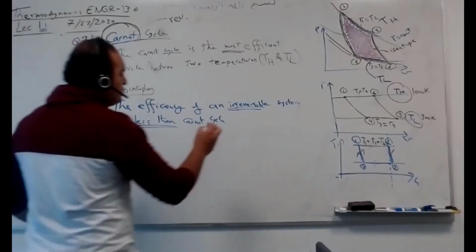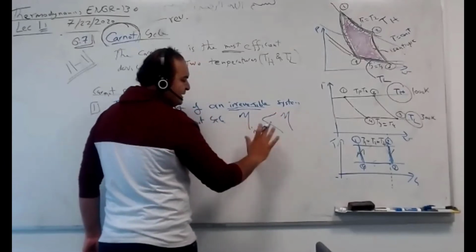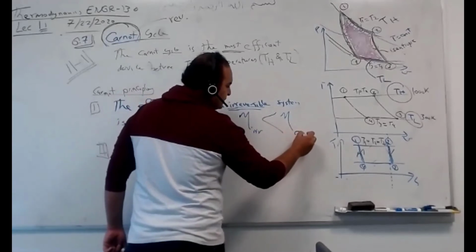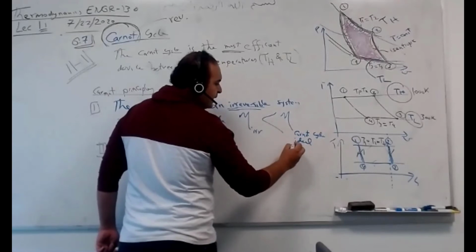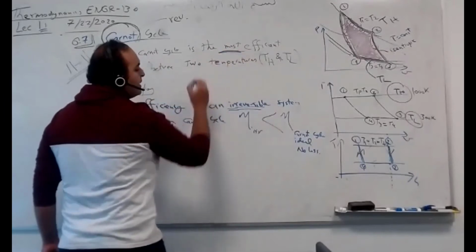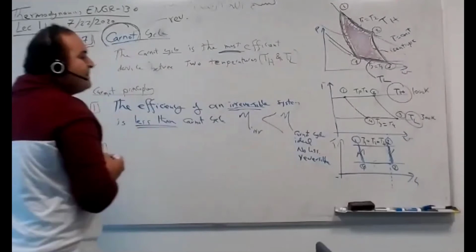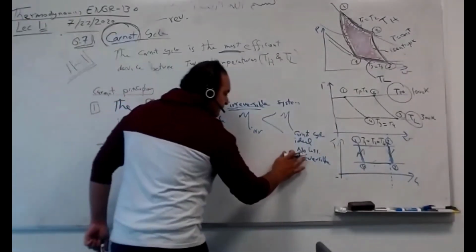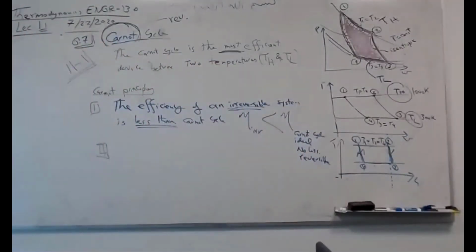So if you have the efficiency of a system, we're talking about a heat engine or power plant, it's always lower than the Carnot cycle, which is the ideal, with no losses, the most efficient, reversible. So all these have the same meaning: Carnot cycle, ideal, no losses, reversible. This is R, for reversible. Any question, guys?